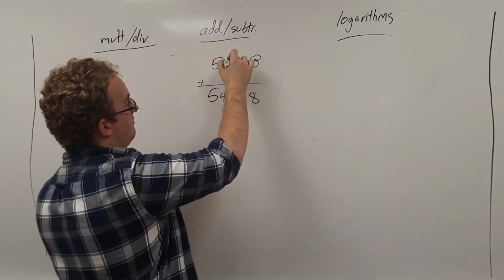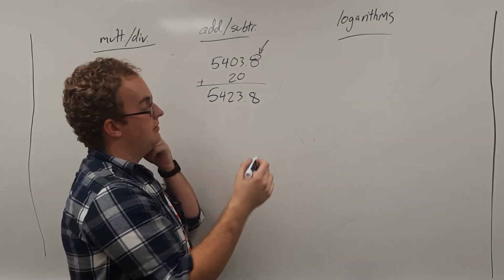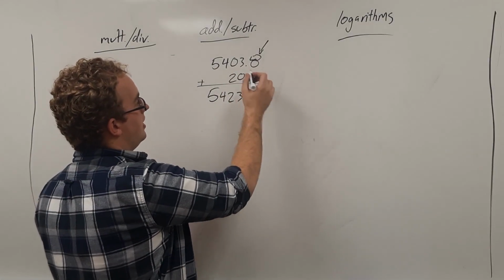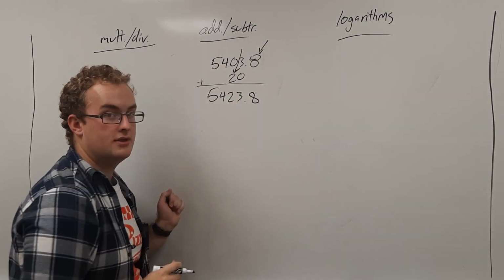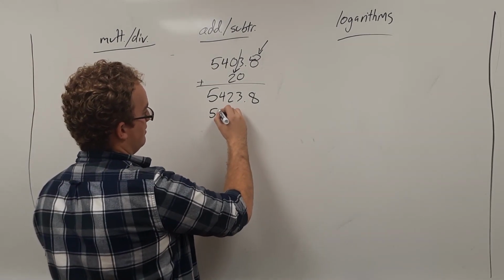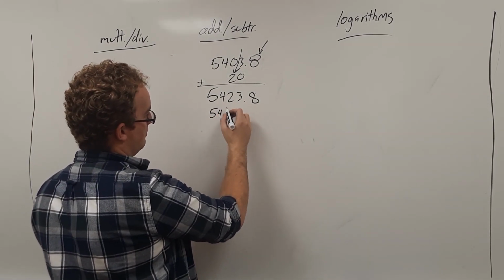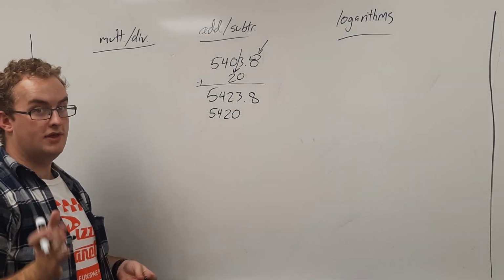This one, 5403.8, this is the last significant digit. But with this 20, we don't have a decimal point, so the last significant digit is right there in the tens place. So we have to round our answer to the tens place. So that means the 5 and the 4 stay the same, 3 doesn't round up 2, so our answer becomes this. Hopefully that is helping.